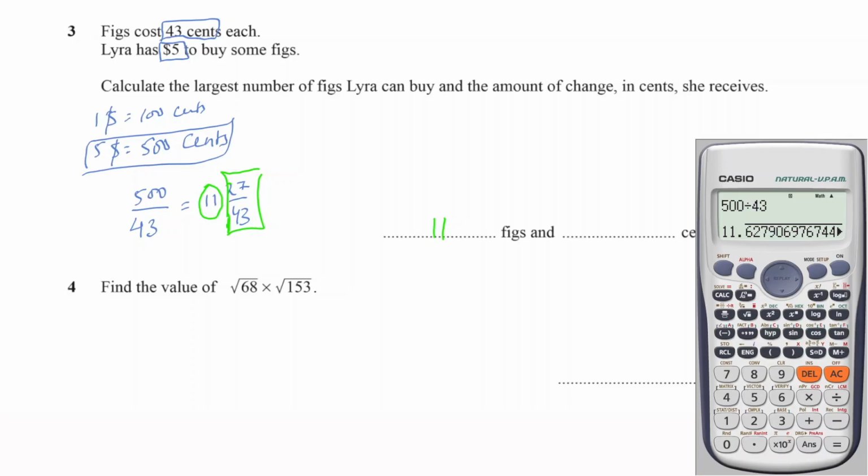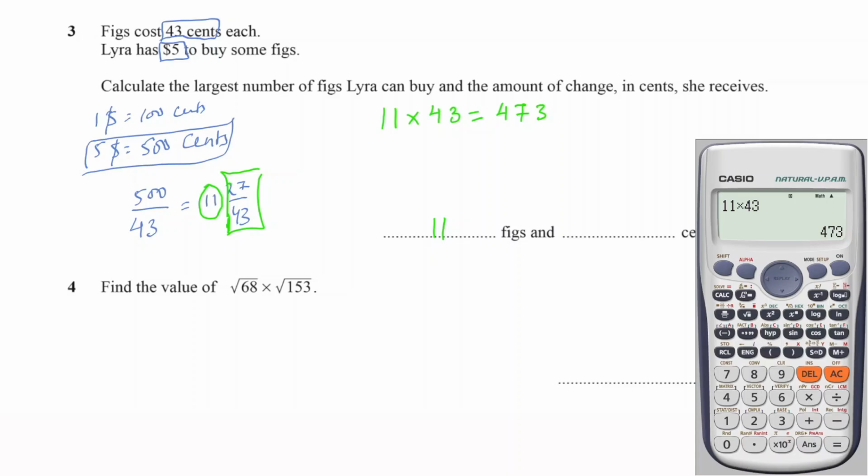So it means that she can easily buy 11 figs, right? 11 times, each fig costs 43, correct? So what is 11 times 43? 11 times 43 gives you 473. It means that she has to spend 473 cents to buy 11 figs.